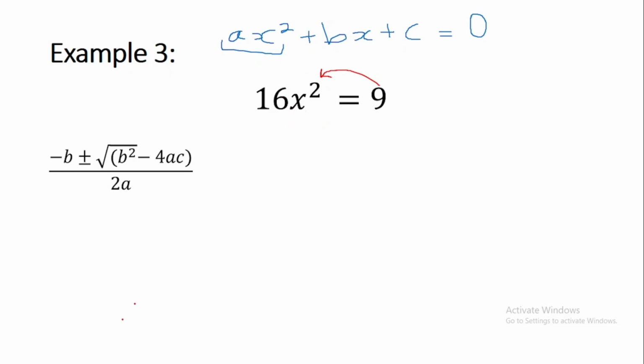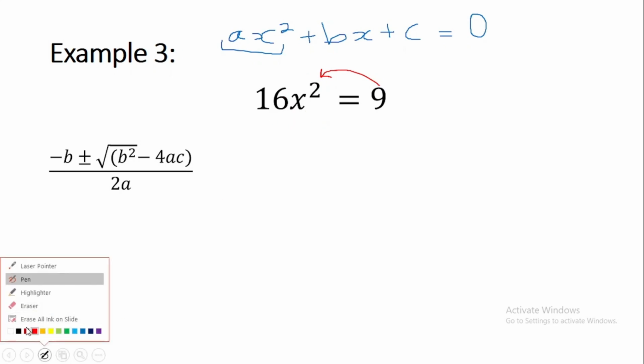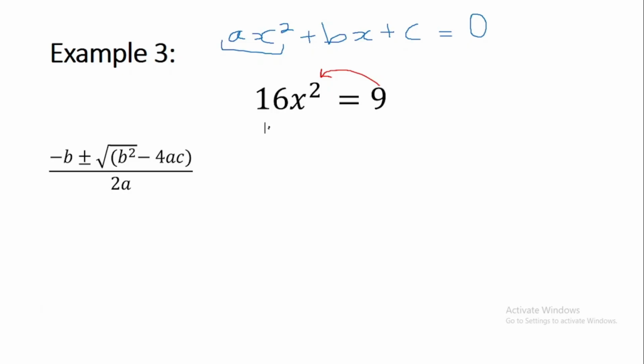So I end up with this new quadratic equation, 16x squared minus 9 is equal to 0.